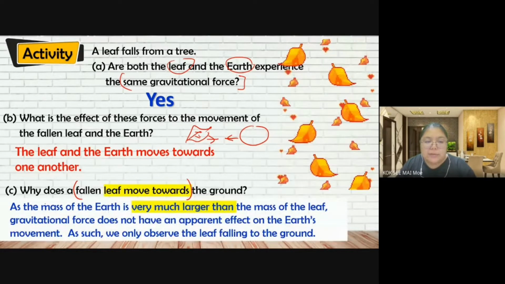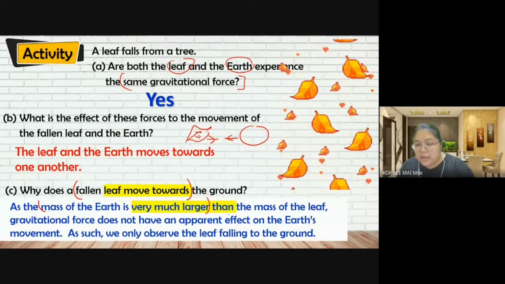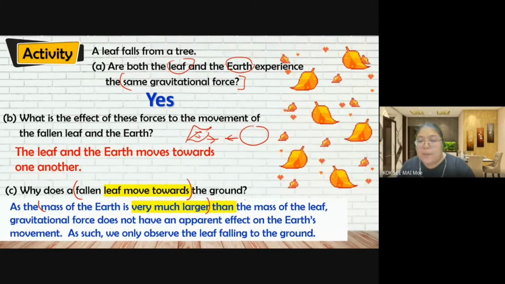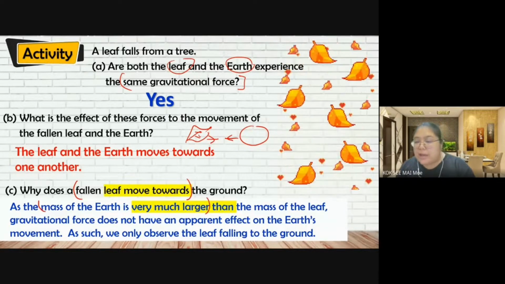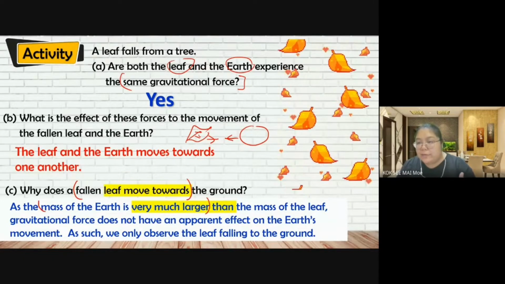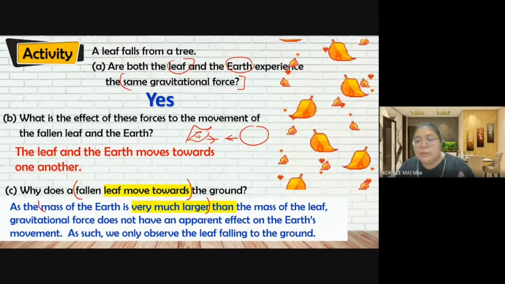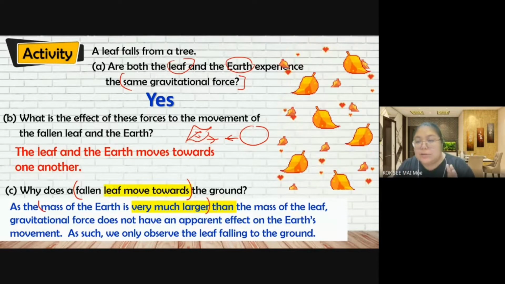The mass of the earth is very, very large compared to the leaf. So the gravitational force does not have any apparent effect on the earth. There is no noticeable movement of the earth. So finally, the earth still stays there.